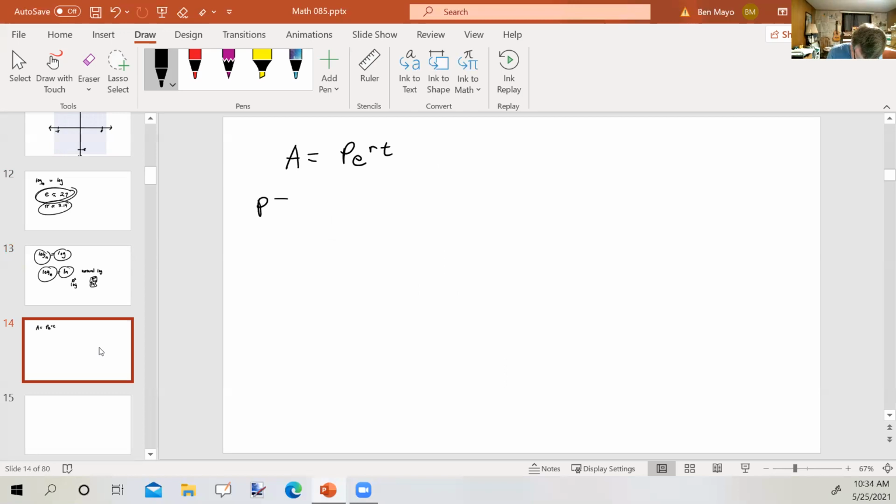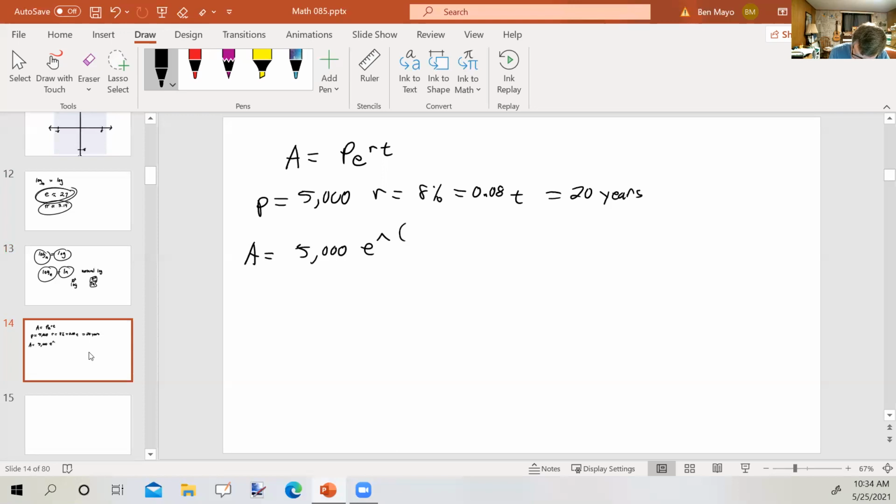This one says P is 5,000, r is 8%, and t is 20 years. 8% is going to be written as a regular decimal number, not as a percent. So plugging the numbers in, we get A equals 5,000 times e raised to the 0.08 times 20 power.